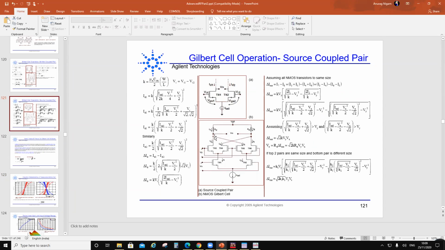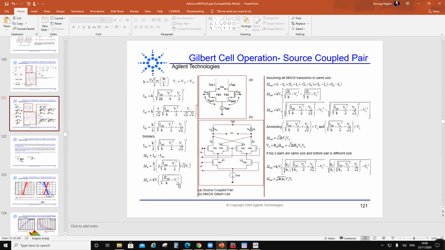You should know this is differential. Even mode means that VO is not going to see those harmonics, but odd mode means you are going to see those harmonics. So in a balanced mixer, if these transistors are matched well, then even harmonics will not be a problem. Odd harmonics will be a problem.